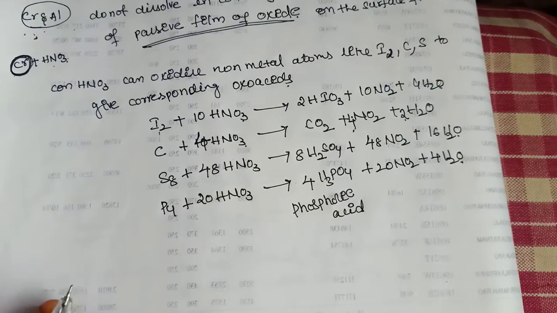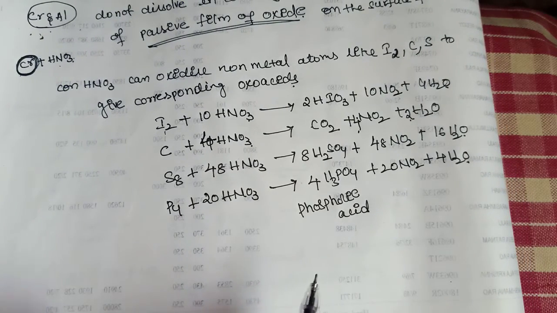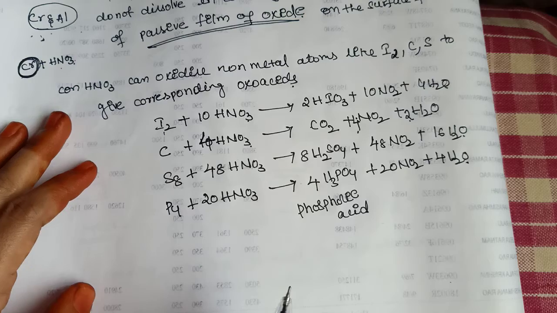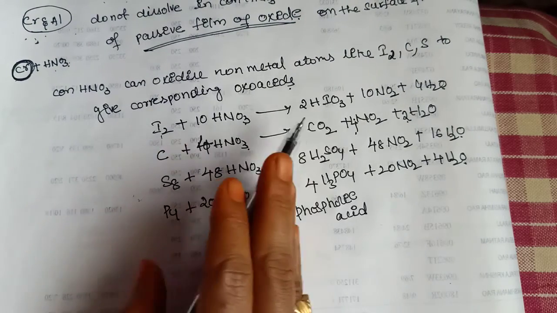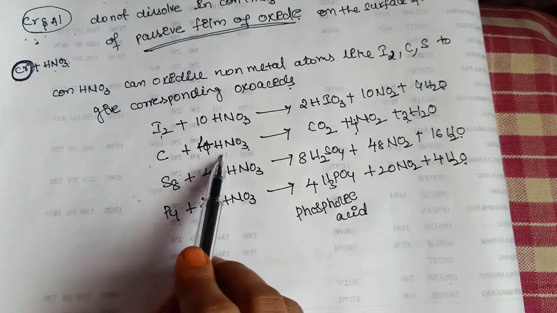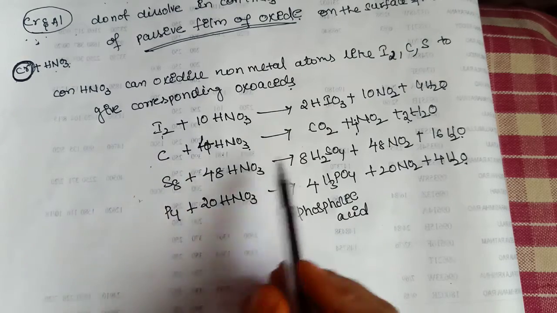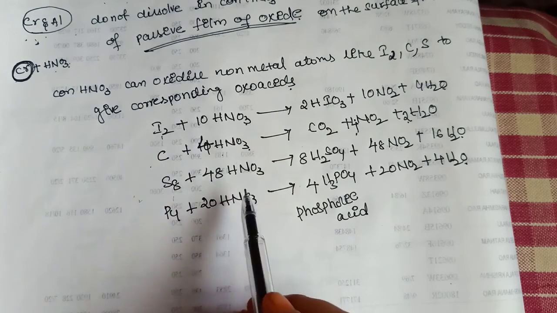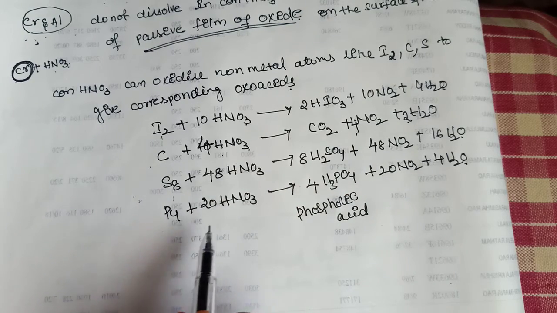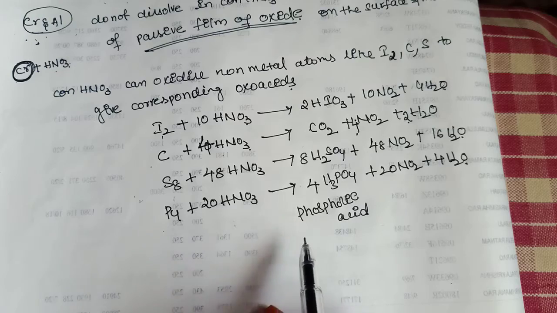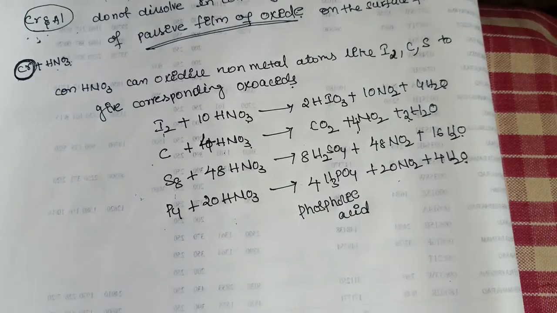So non-metal atoms can also be oxidized by conc. HNO3 to give the corresponding oxo acids. Iodine reacts with conc. HNO3 to give iodic acid. Carbon reacts with HNO3 to give carbon dioxide and nitrogen dioxide. Sulfur is oxidized with HNO3 to give sulfuric acid and nitrogen dioxide. Phosphorus is oxidized with HNO3 to give phosphoric acid and nitrogen dioxide.